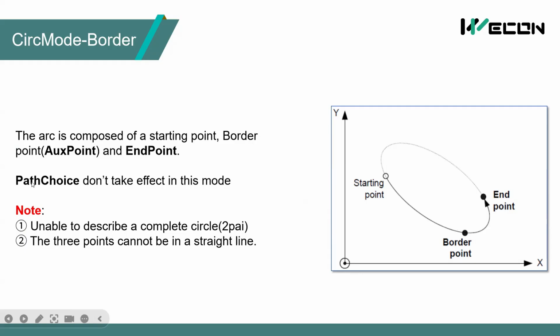So in this mode, these path truths don't work, because after we get these 3 points, the curve is also Euclid.